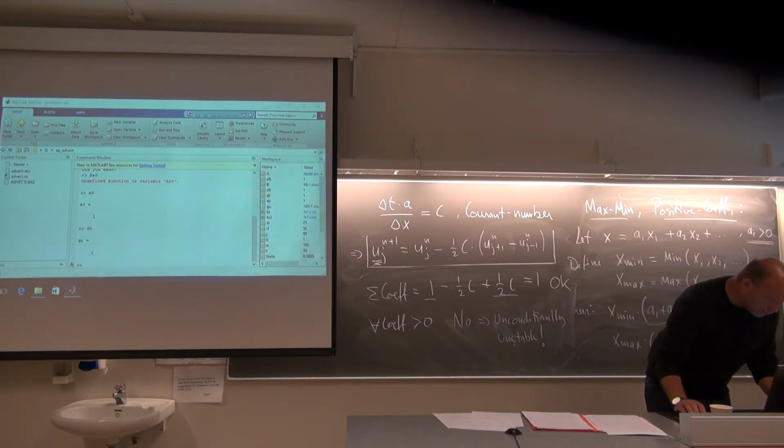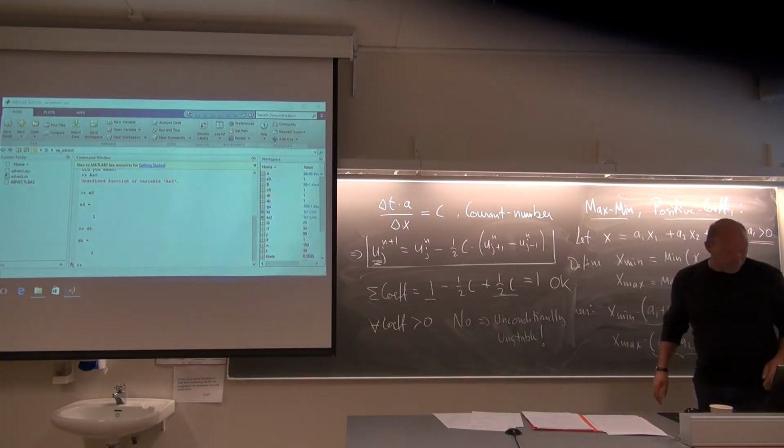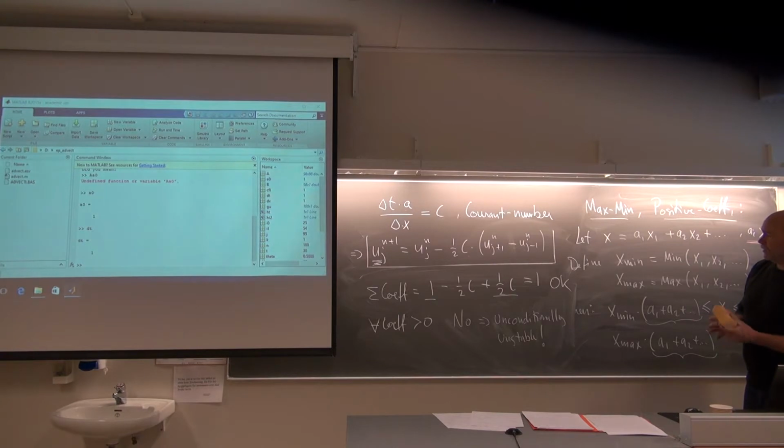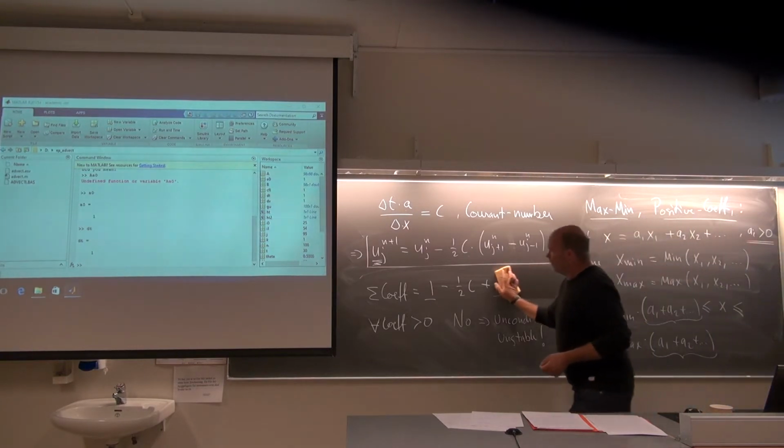It really doesn't help. It will explode no matter what. So we have to think differently here to be able to find a solution.